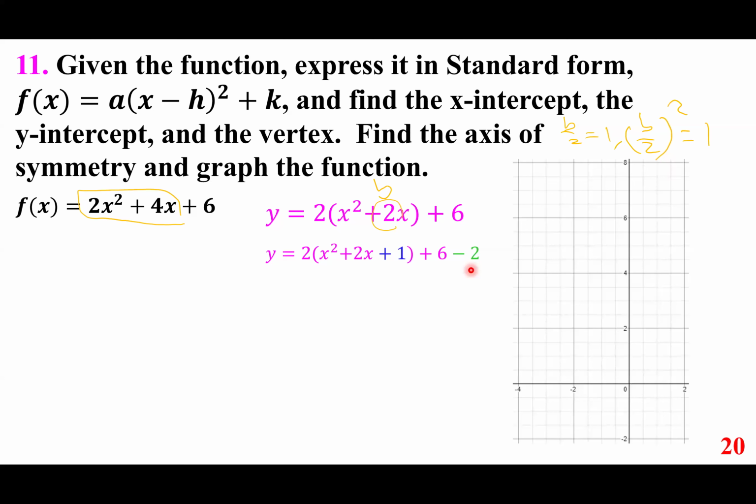And so what we are looking at here is y equals 2 times x plus 1 quantity squared plus 4. And that's the vertex format.